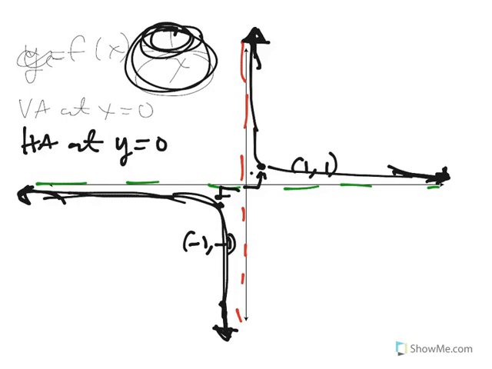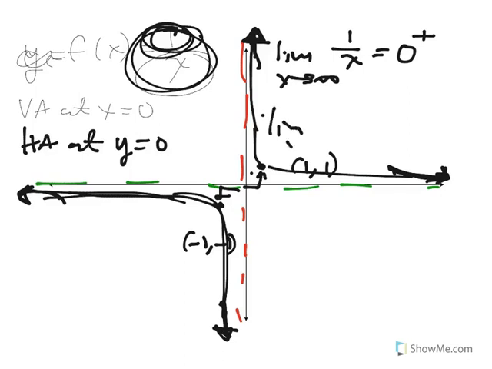There's some terminology for talking about asymptotes that you see in calculus a lot. It looks like this. They say the limit as x approaches infinity of 1 over x equals 0. So they put a little plus here to say it's above 0. It's 0 from the positive side. And the limit as x goes to negative infinity of 1 over x is also 0, but put a little minus there to say it's negative.